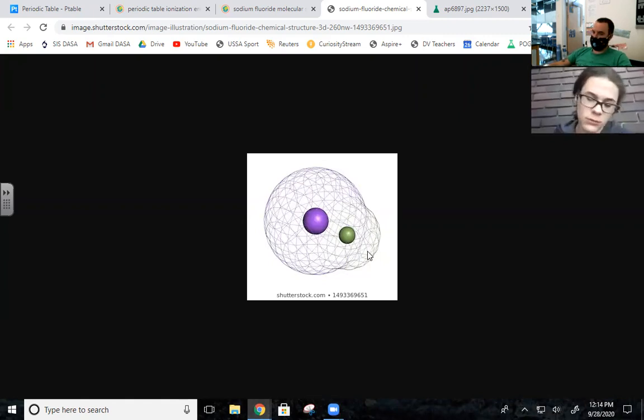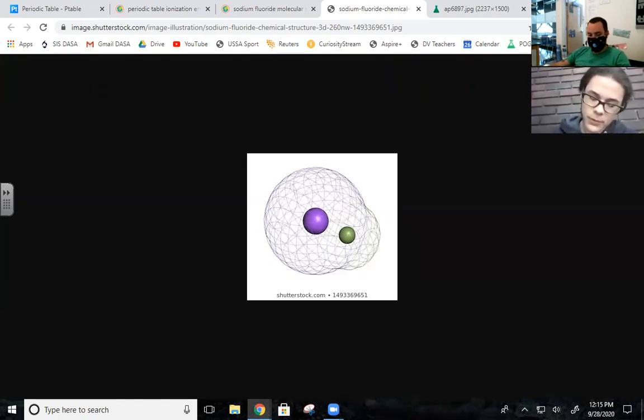This impacts polarity. This is a polar molecule because the shared electron always hangs out on this side, thus making this side of the molecule negative, and this side of the molecule will be positive. Okay? Thumbs up?